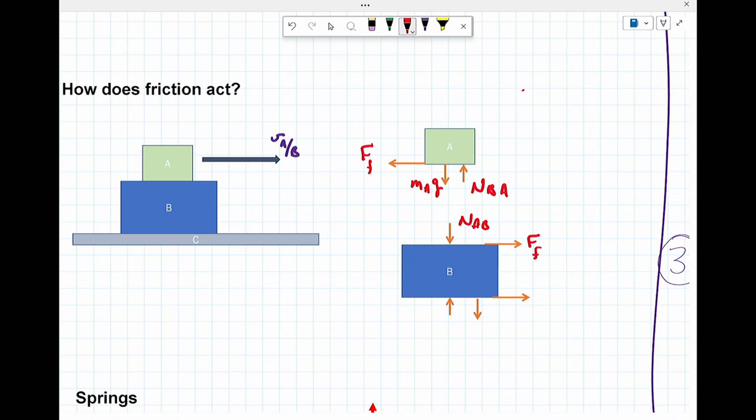Friction opposes motion. The motion that I want to occur, velocity of A relative to B, is to the right. So the force of friction of A is going to be acting to the left. But if I split the system up, I have to consider that force of friction.